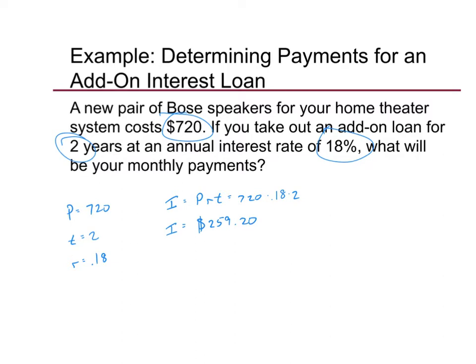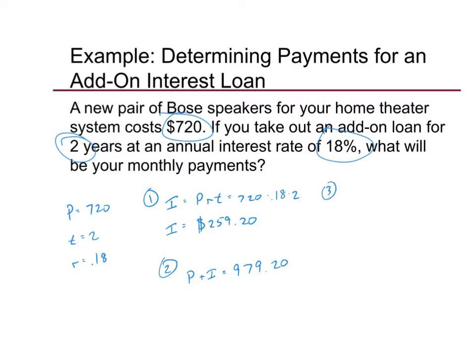Next, we're going to find P plus I. We're going to add on the interest because it's an add-on interest loan. P plus I is equal to 720 plus that $259 interest. That is $979.20.